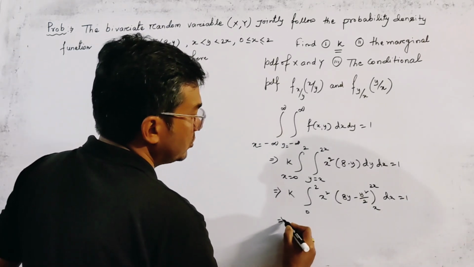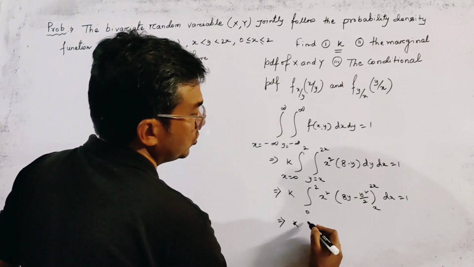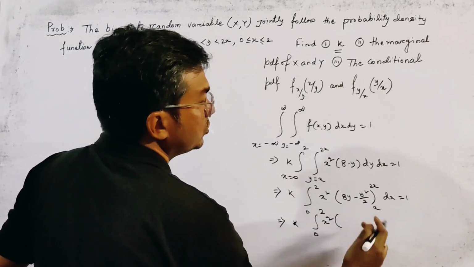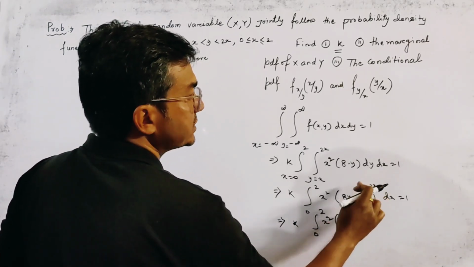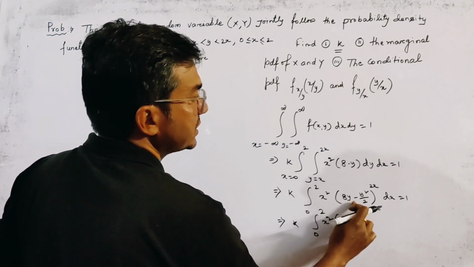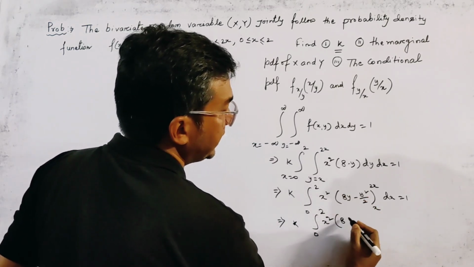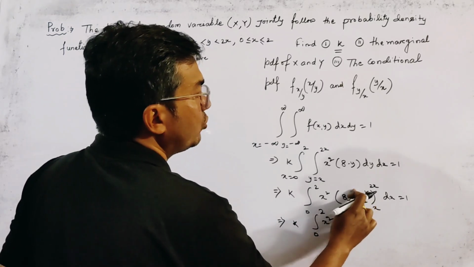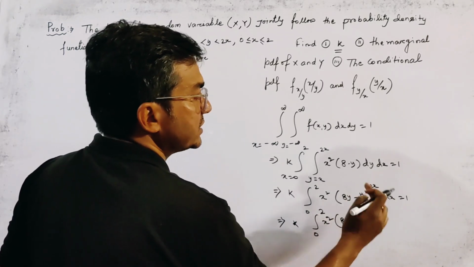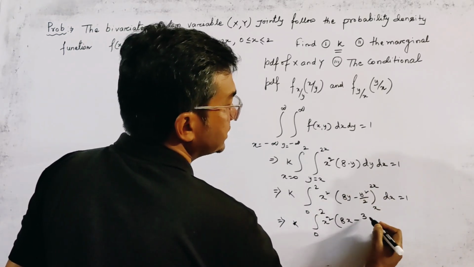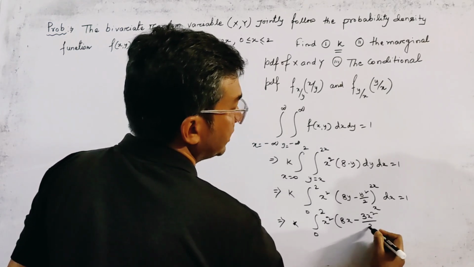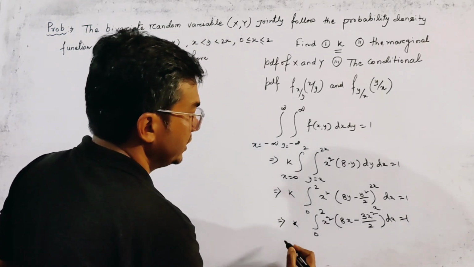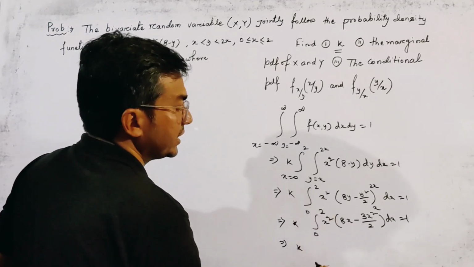Now by putting in the range, x from 0 to 2 and x^2 into, if we put y equal to 2x, we get 16x - 2x^2, minus 8x - x^2/2. So we get 8x minus 4x^2/2 minus x^2/2, that is 8x - 3x^2/2, dx, equal to 1.